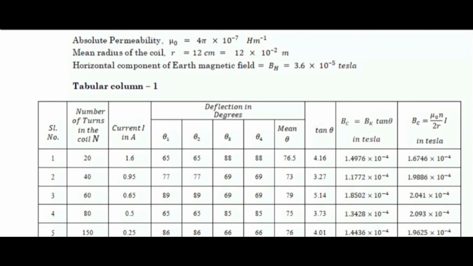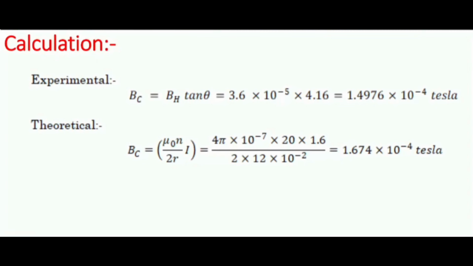Theoretically, the magnetic field at the center of the circular coil is calculated using the formula Bc equals mu naught times N divided by 2R, times I. The calculations are made as shown by substituting the value for the horizontal component as well as for tan theta.